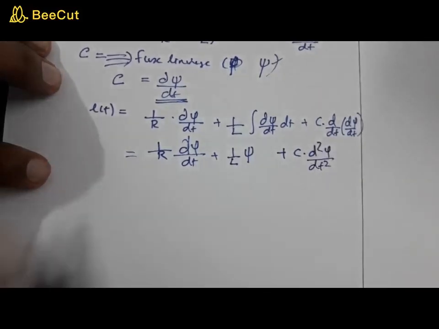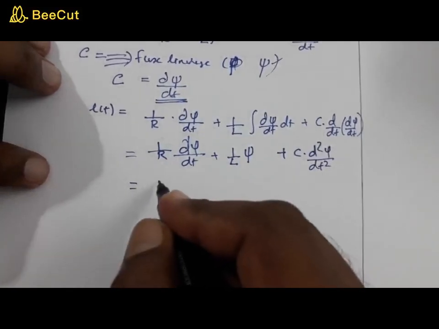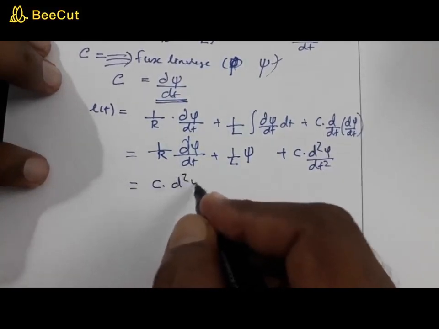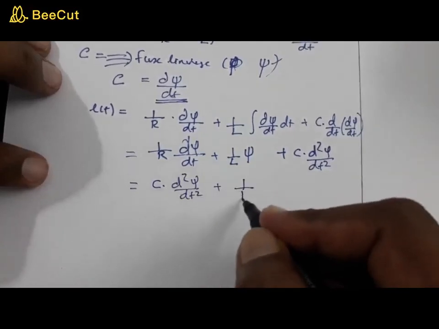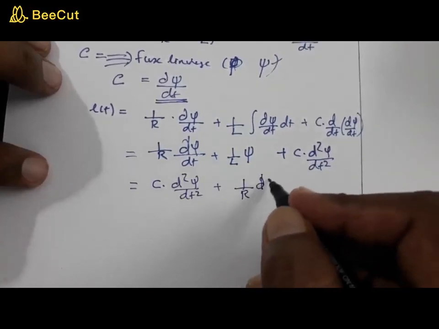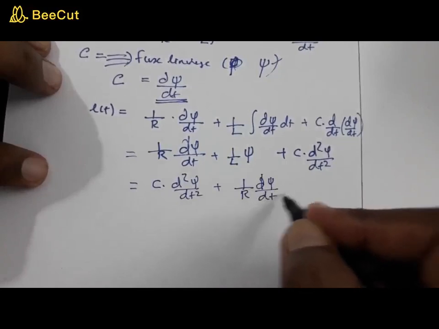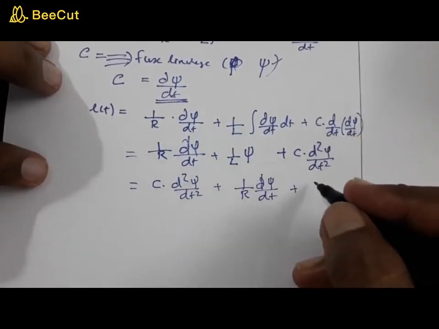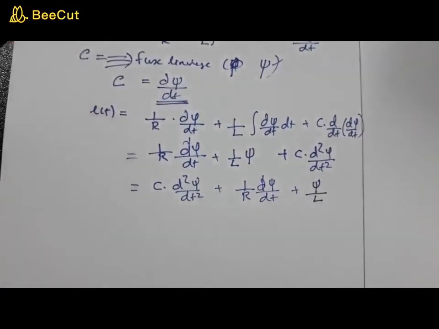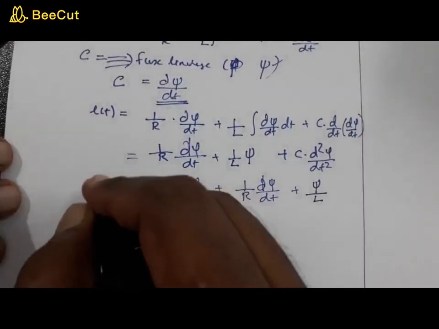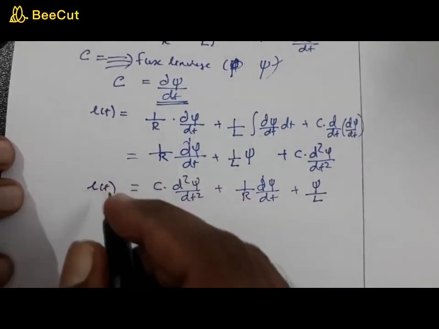Rearranging, C into d square psi by dt square plus 1 by R into d psi by dt plus 1 by L into psi. This is I of t.